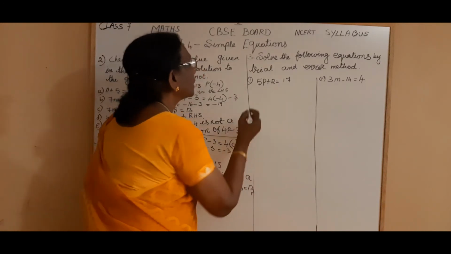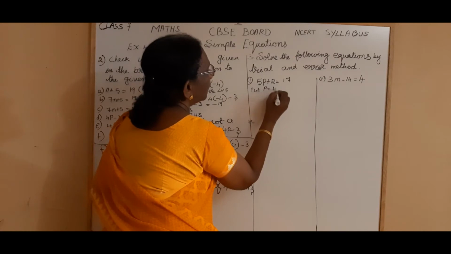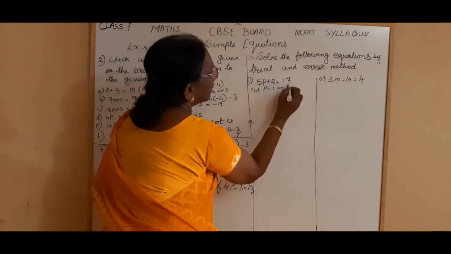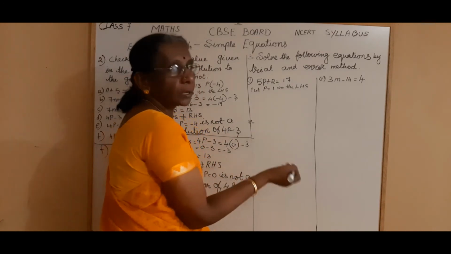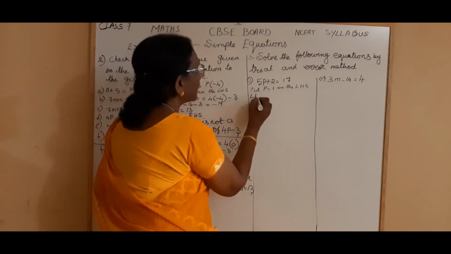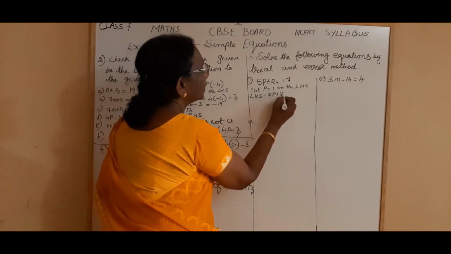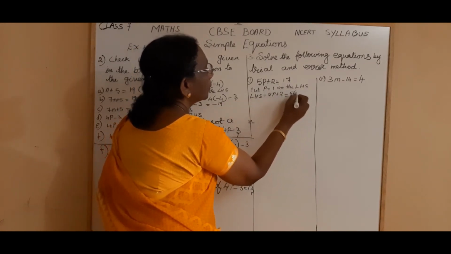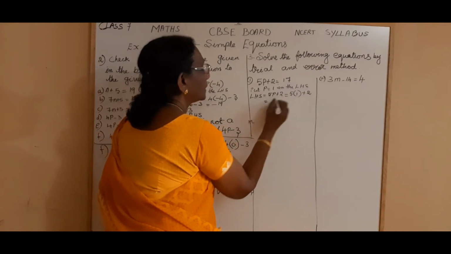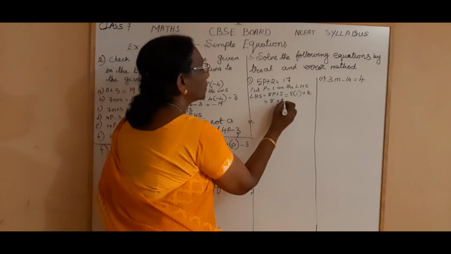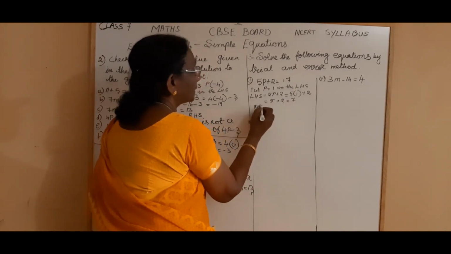Now we'll do it. First you put p is equal to 1 in the LHS. So what do you get? LHS is equal to 5p plus 2 is equal to 5 into 1 plus 2. 5 ones are 5, plus 2 is equal to 7. But what is RHS?